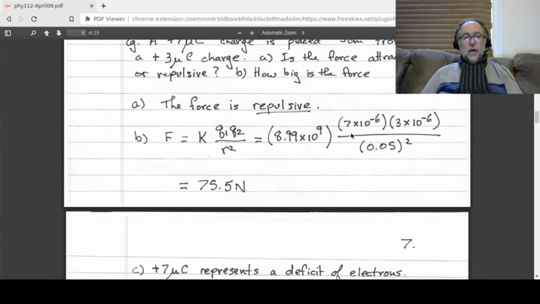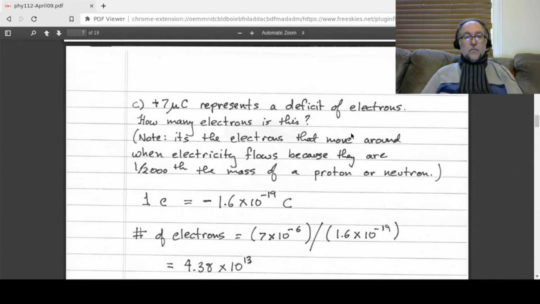Okay, so let's go on here. Now, you might want an idea or a sense of how big a coulomb is, and the smallest unit of charge in the universe is basically an electron. There are some qualifications to that, but for the purposes of this course, electricity comes in discrete bundles, and the smallest discrete bundle is basically an electron or a proton.